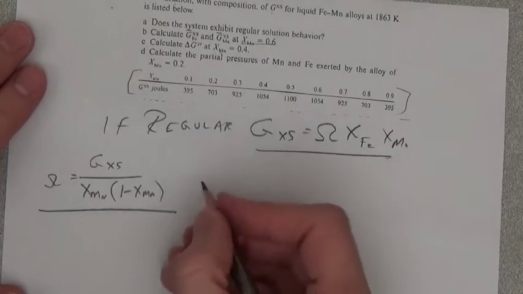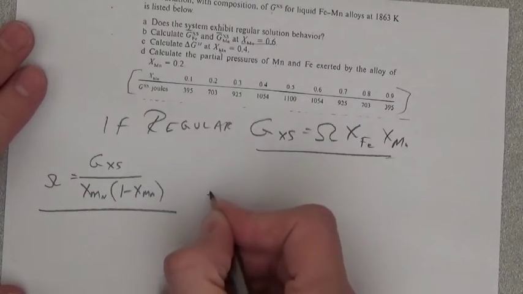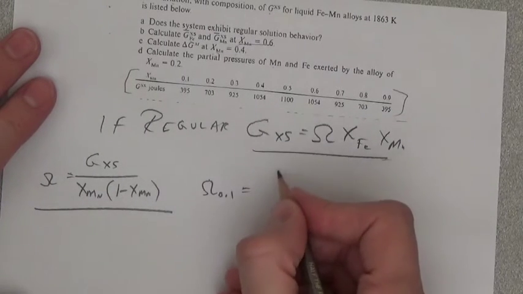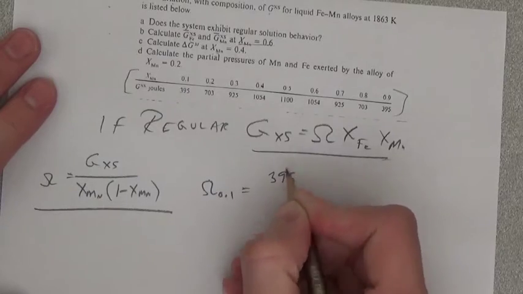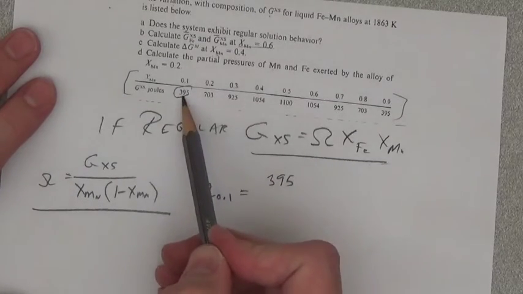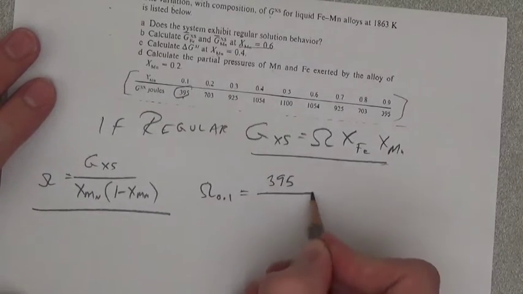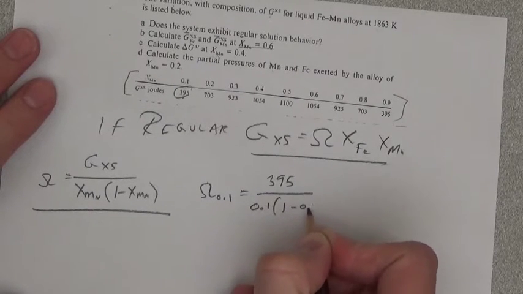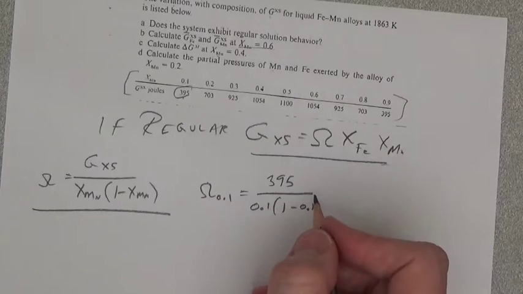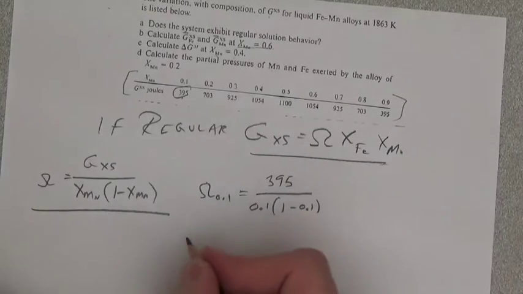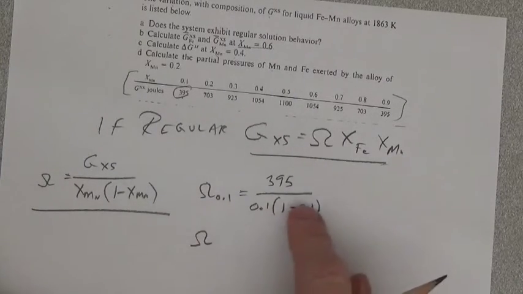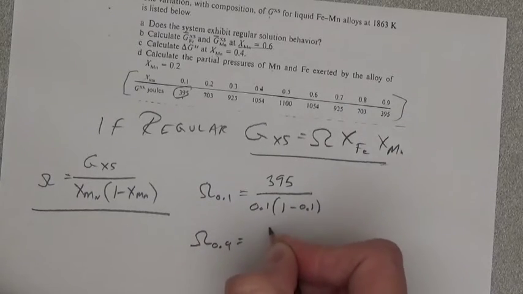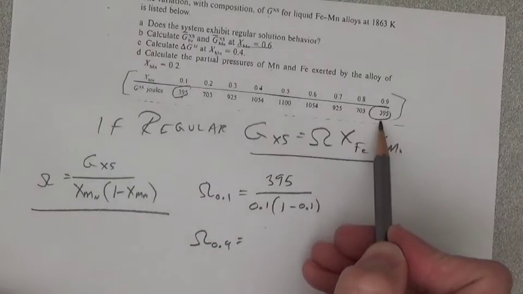Omega at 0.1 is equal to 395, that's from our data, divided by 0.1 times 1 minus 0.1, and this we can compare to 0.9, which is equal to, again, 395.